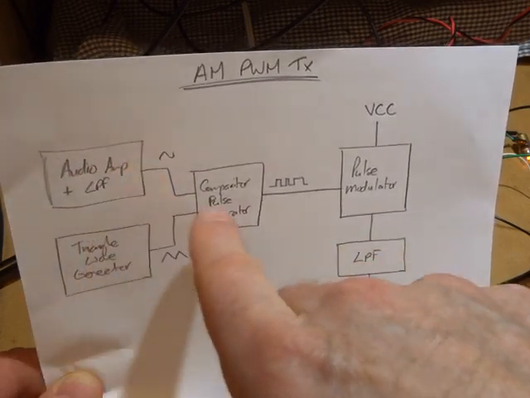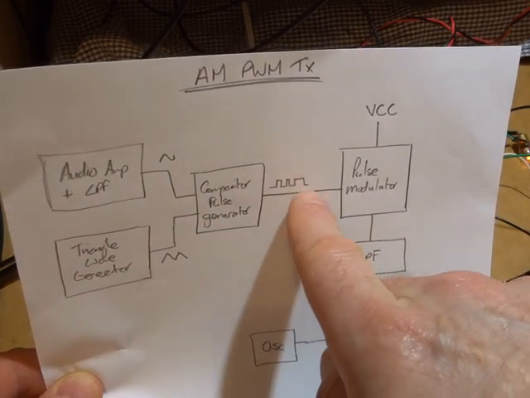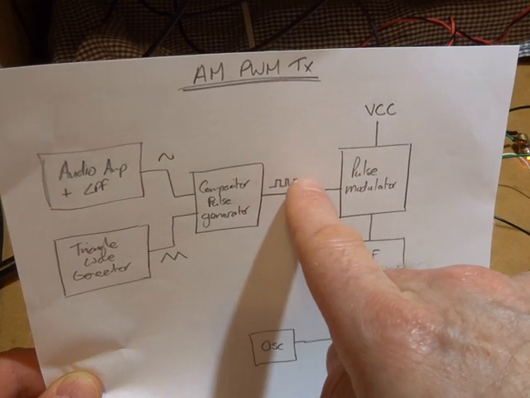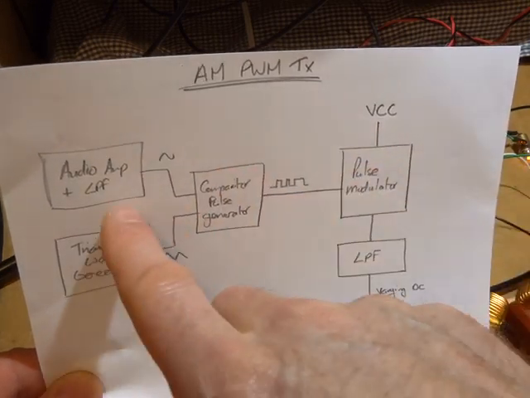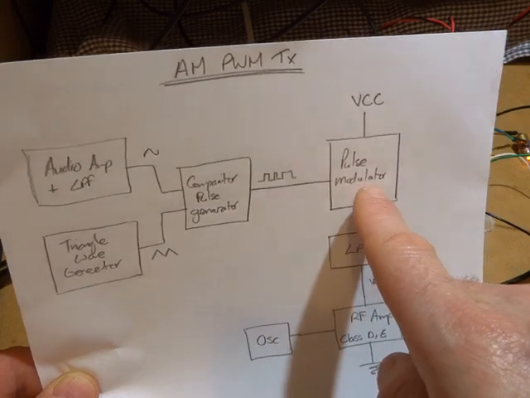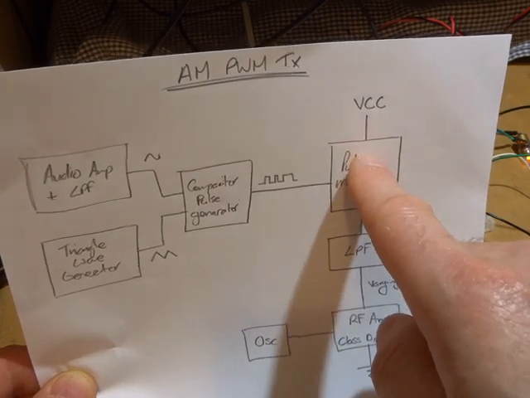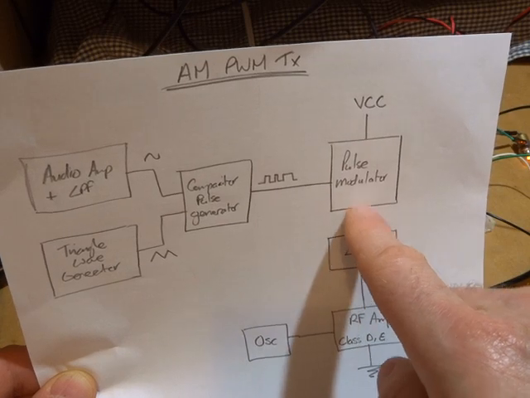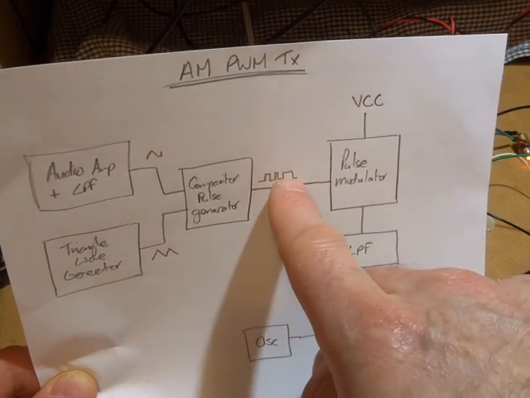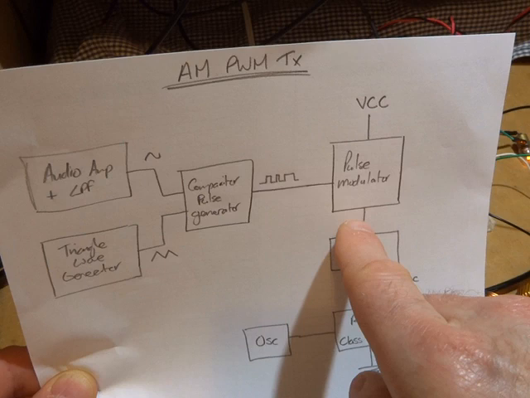So the audio goes through here, and we'll talk about this in a sec, and produces this stream of pulses, the width of which is proportional to the audio. It turns the switch on and off, and out of that switch we get essentially 0 to VCC, looking like that, but between 0 and VCC.